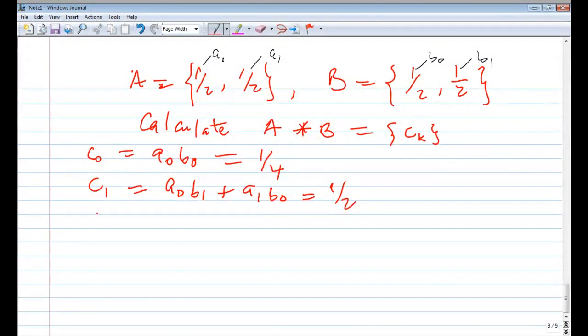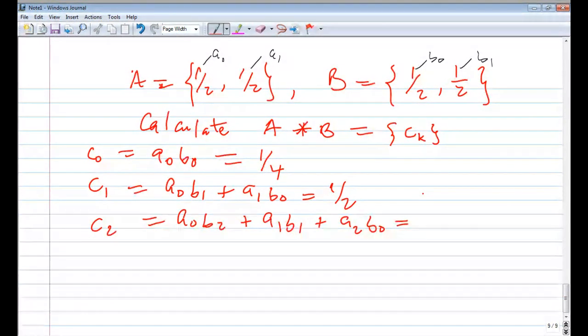Okay. C2 is A0 B2, A1 B1, A2 B0. Who can tell me the answer there? What is the answer for C2?